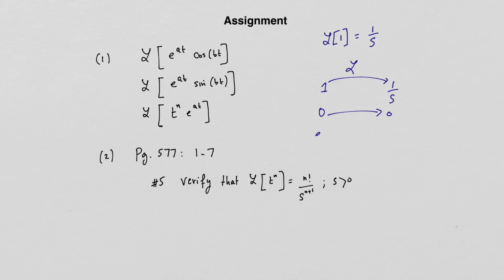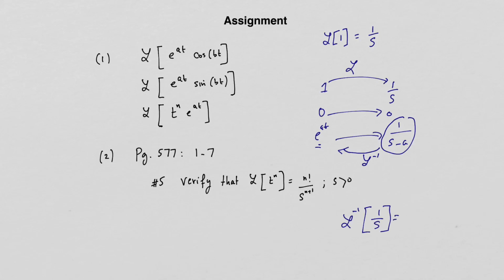Or moves e to the at into 1 over s minus a. Well, if I have this, can I use the inverse Laplace to guess that? So basically, the inverse Laplace transform of 1 over s, because 1 over s is so famous in the range, you would know that has to be 1, okay?